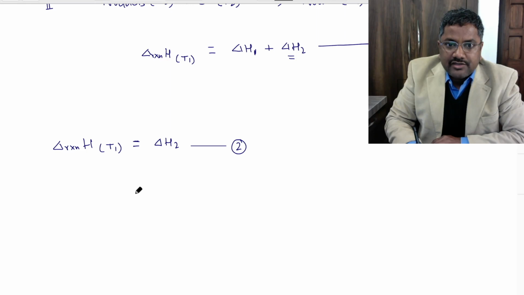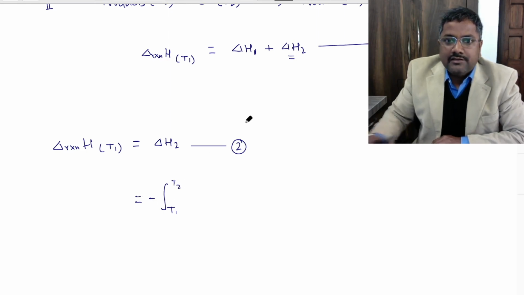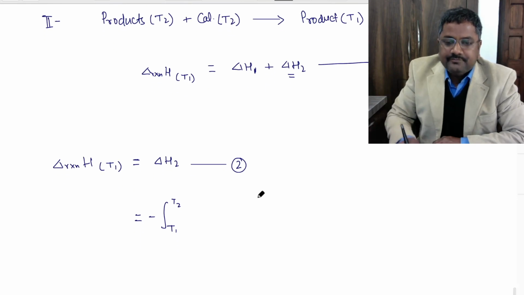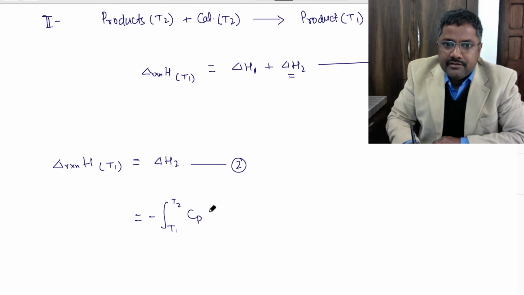Now at temperature T1, we can write here minus integral T1 to T2. Why have I taken minus? Because if you see step 2, it goes T2 to T1. So we are going T2 to T1, but if T1, T2 are given, I am taking from T1 to T2, so I have put a negative sign here.